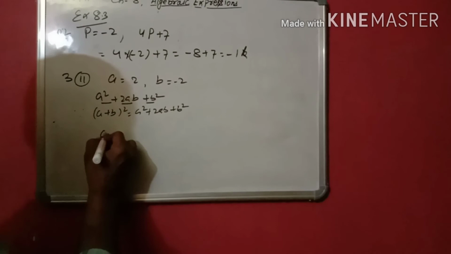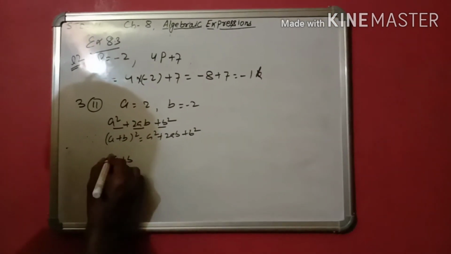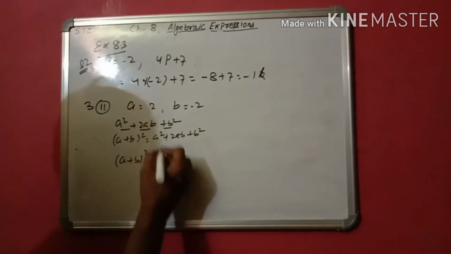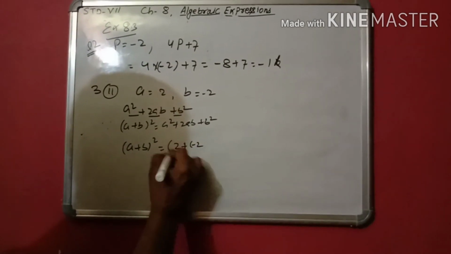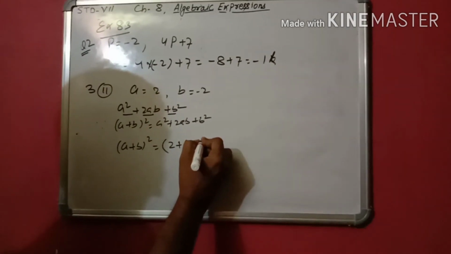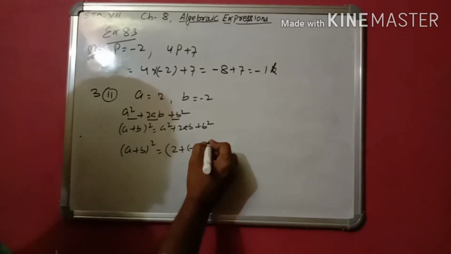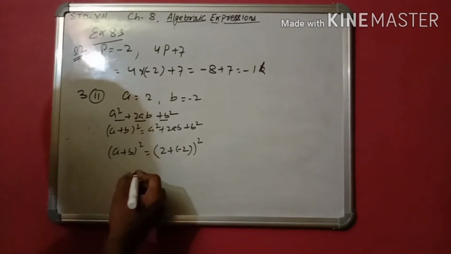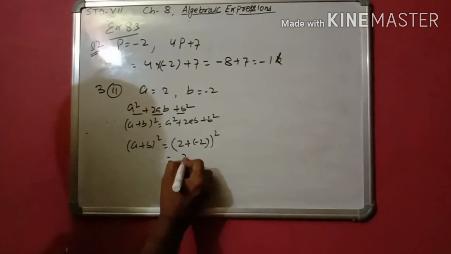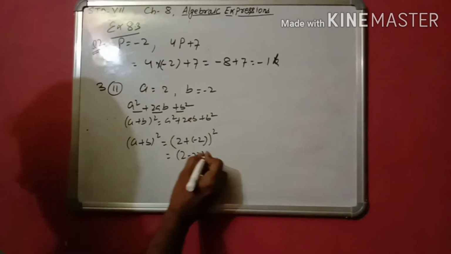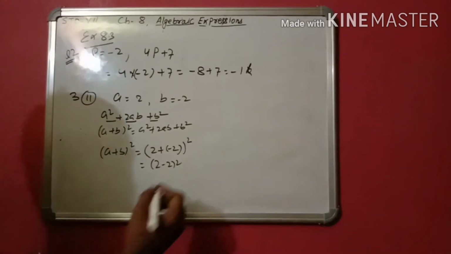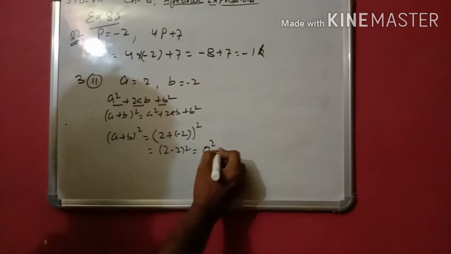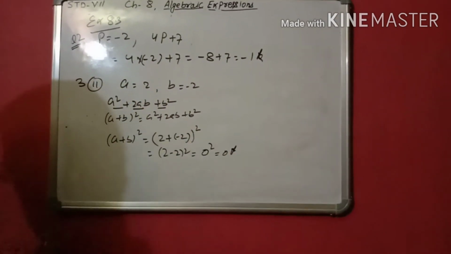So a plus b whole square means I can write 2 plus minus 2 whole square equal to, now 2 minus 2 whole square, this is 0, so 0 square equal to 0. Write down please.